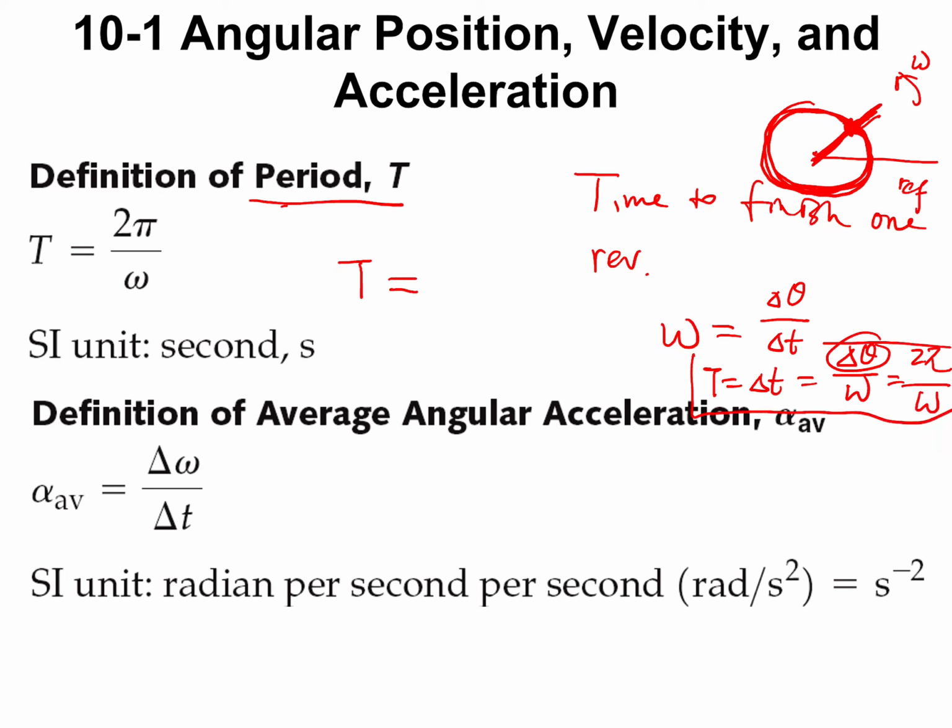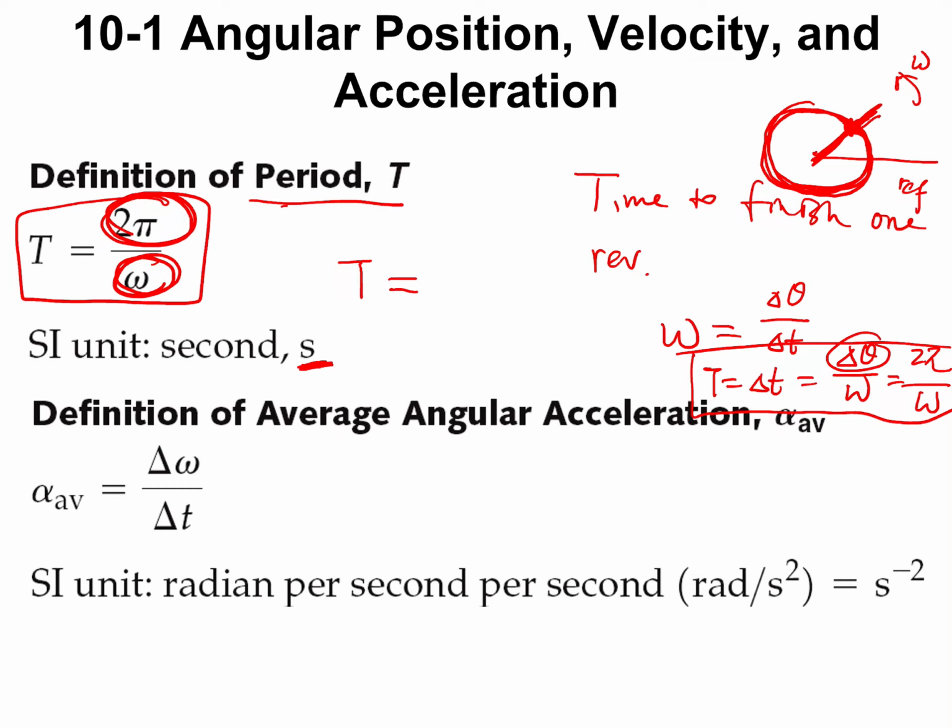This is angular displacement divided by angular velocity. The period has a unit of second. For angular velocity, we have average angular velocity and instantaneous angular velocity, which is also called angular velocity in general.